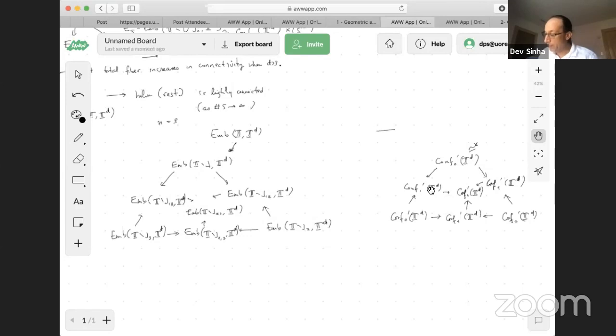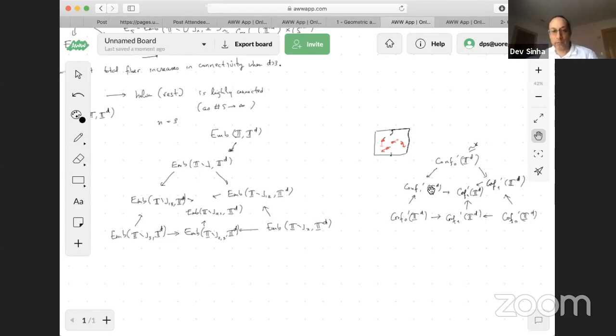If I have an embedding, I'll write it here, that is, if I've got a few intervals punched out, then this space is homotopy equivalent to, well, I'm just going to remember where those endpoints of the intervals map and the tangent vectors. And then I've got, for example, in this case, a configuration of 4 points with tangent vectors at those 4 points.